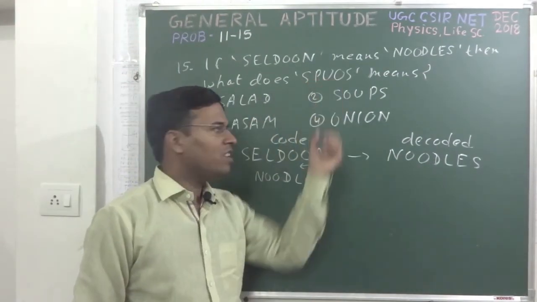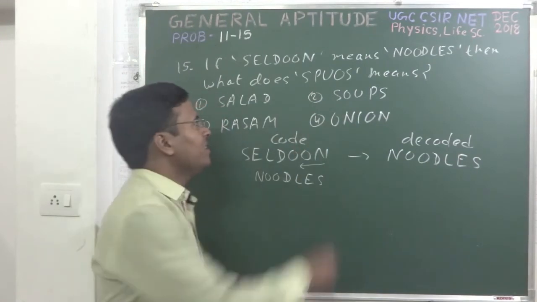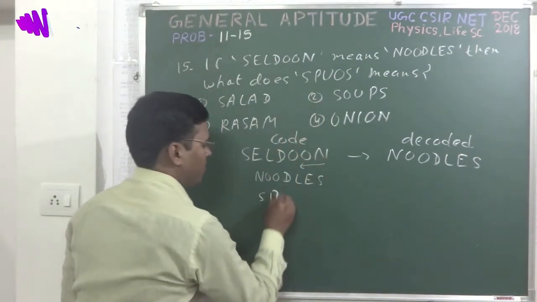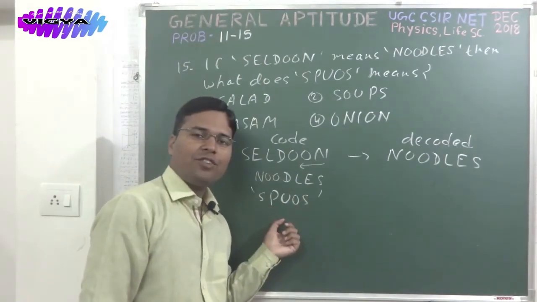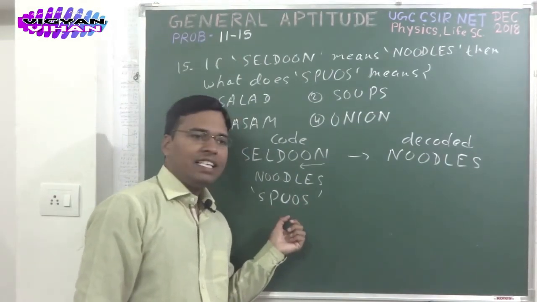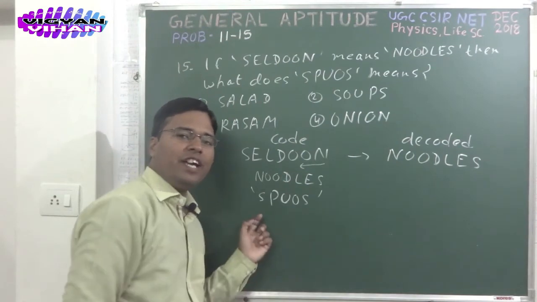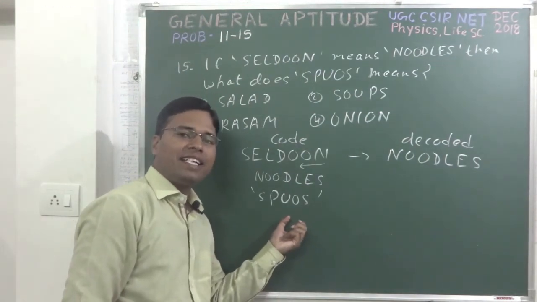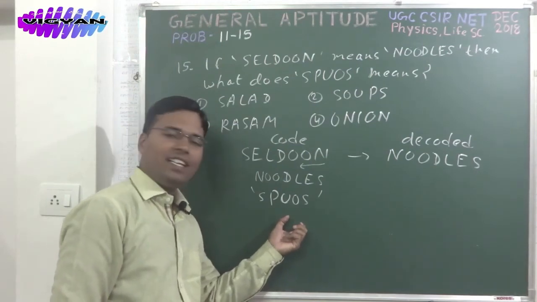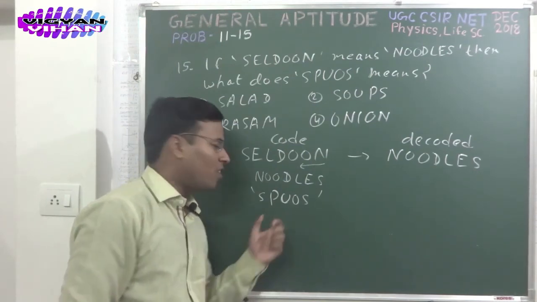Here is our code for another word, that is SPUOS. If we want to decode this word, the decoded word would have the same alphabets, but in opposite order.